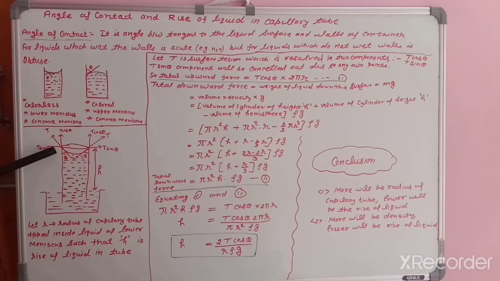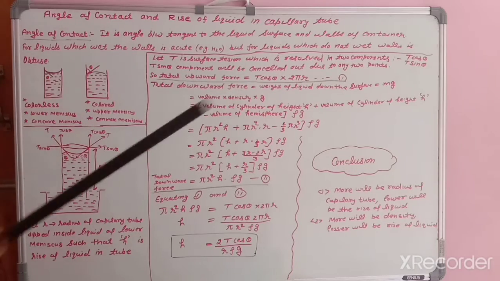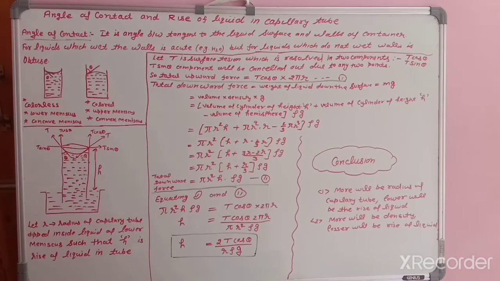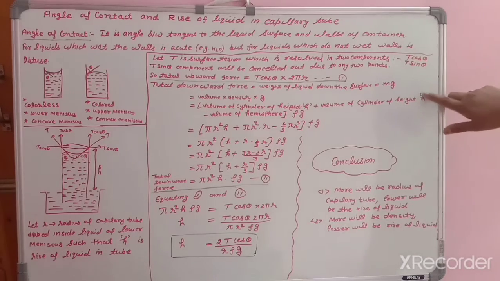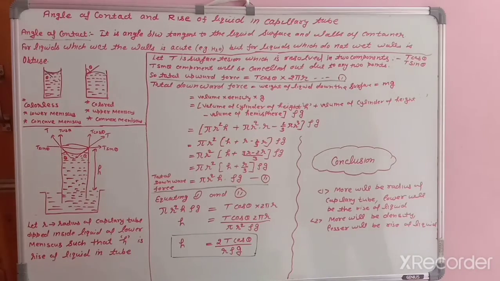After that I am taking from here to here, means the hemisphere. So this is the cylindrical part, you can see from here to here. I am taking the volume of a cylinder of height r. Okay, minus, but you can see this hemisphere is empty, so minus the volume of the hemisphere.